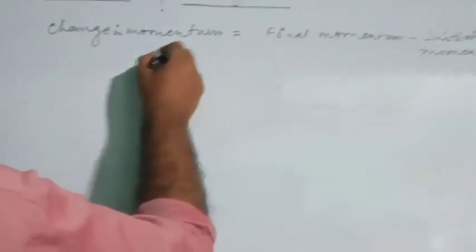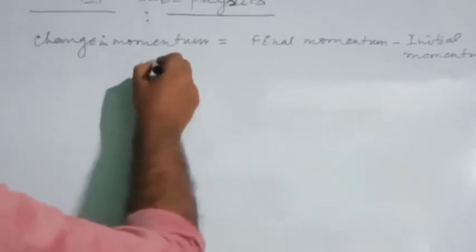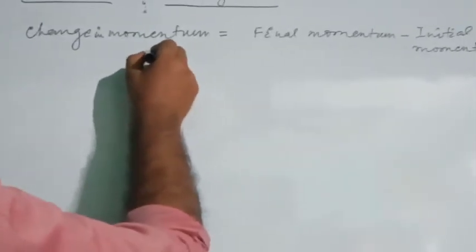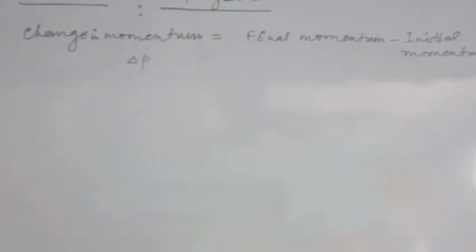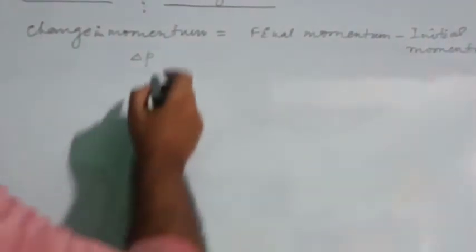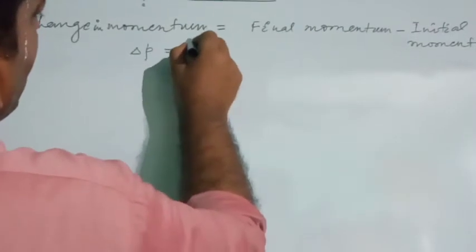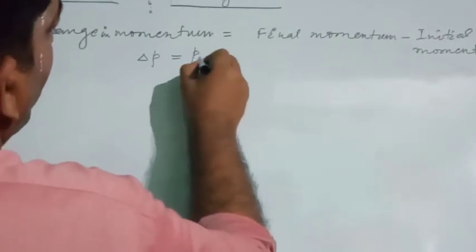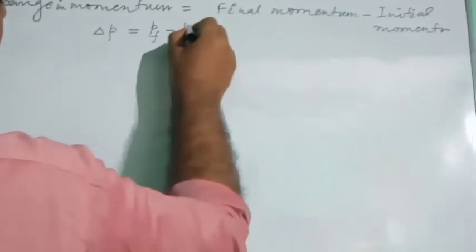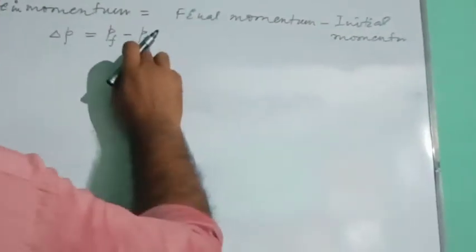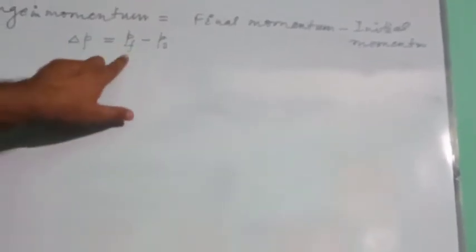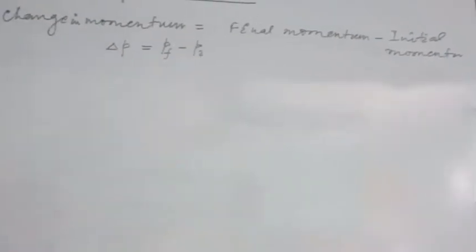Change in momentum is represented as delta P, final momentum Pf, initial momentum Pi. F stands for final, I stands for initial. Change in momentum is equal to final momentum minus initial momentum.